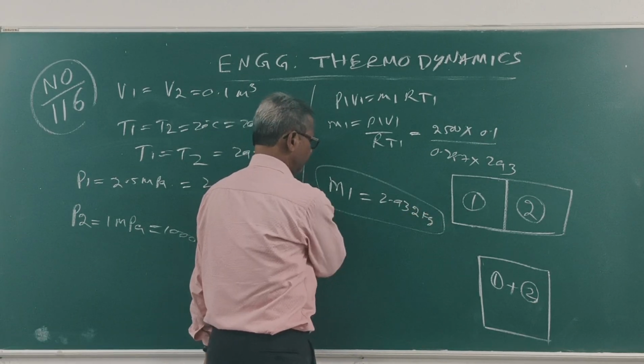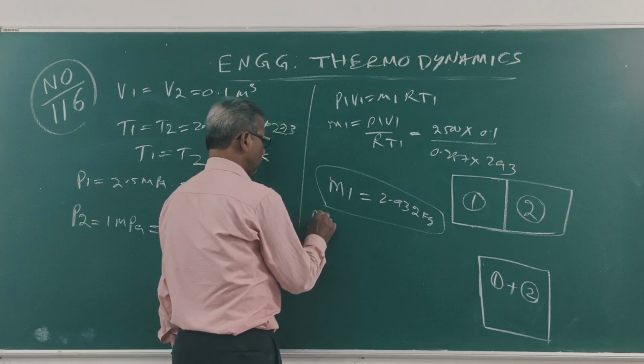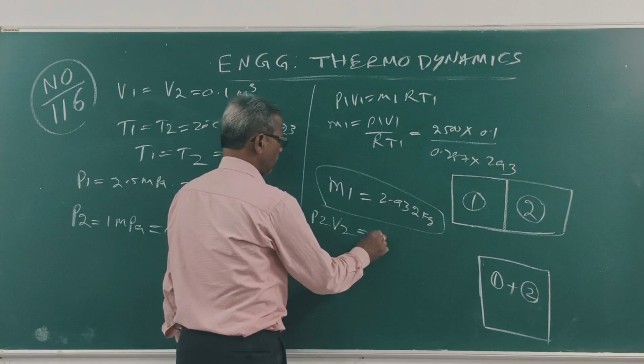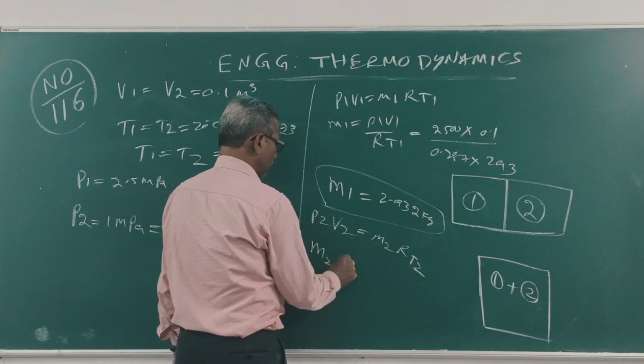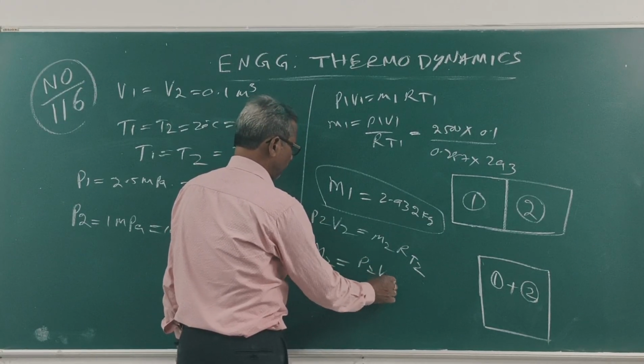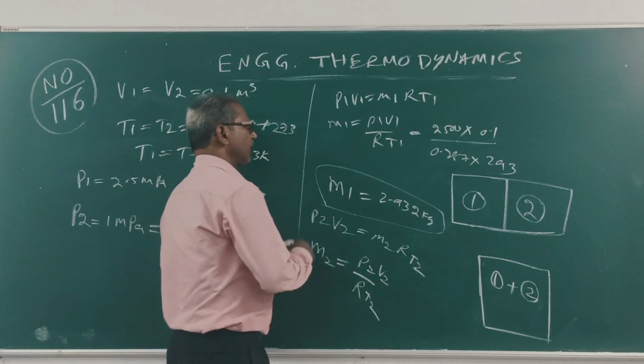Now M2: P2 V2 is equal to M2 R T2, so M2 is equal to P2 V2 by R T2.